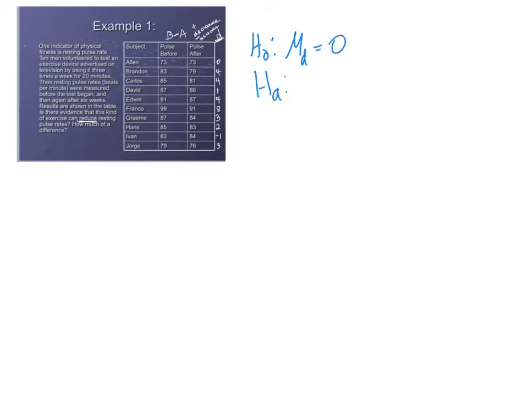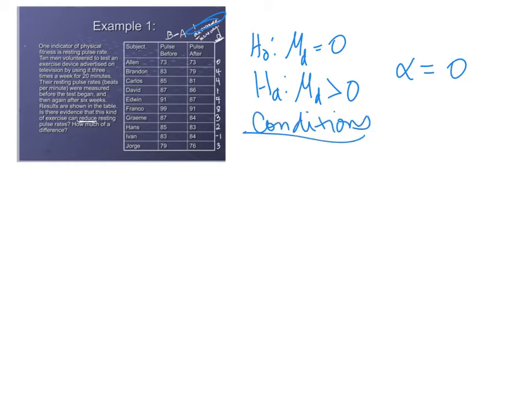And our alternative is that the mean difference is greater than 0, because we said greater than means a decrease, and so that reduced it. That's kind of confusing. We maybe should have subtracted the other way, but it's good to see that it doesn't really matter which way you do it. So we're going to look at our conditions. The first condition is the data is matched.